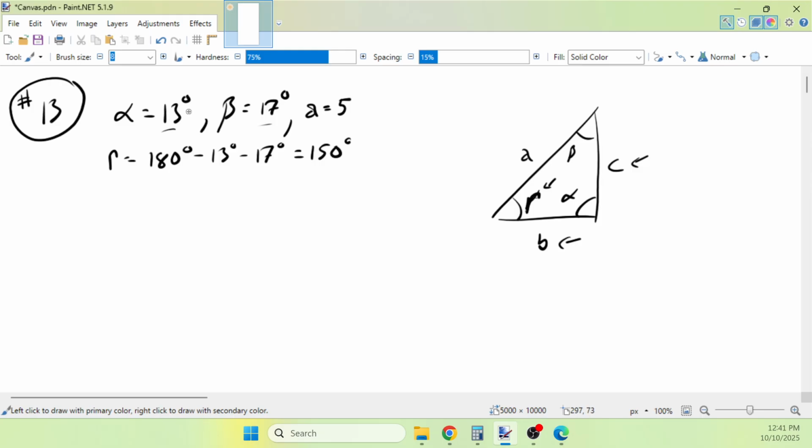Now we have all the angles and we have one of the sides, so we can use the law of sines to find the other sides.